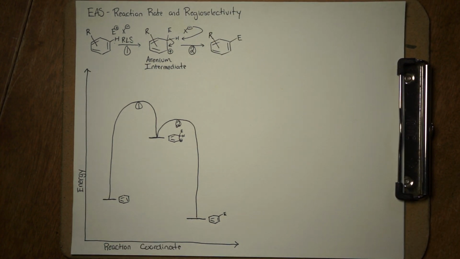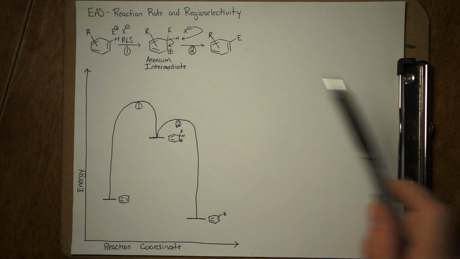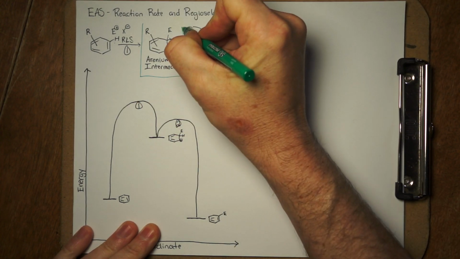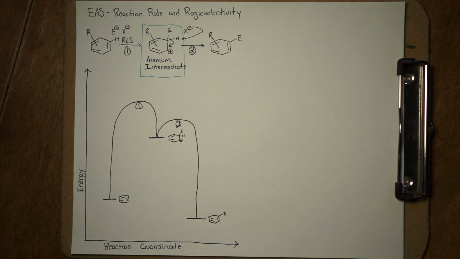So the question that we're asking is, how is that R group going to affect the energy of the arenium intermediate? All of the discussion that we're going to have today is going to be centered around the assessment of the arenium intermediate.